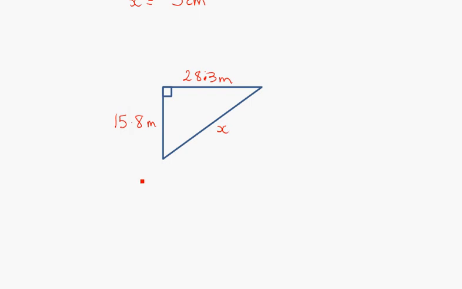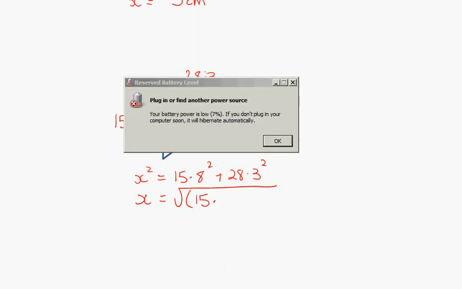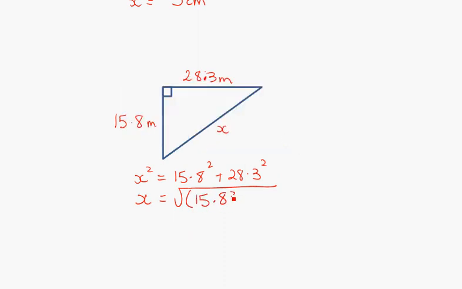Once again we know that x squared equals 15.8 squared plus 28.3 squared. x must be the square root of that. On your calculator it is 32.4 meters.